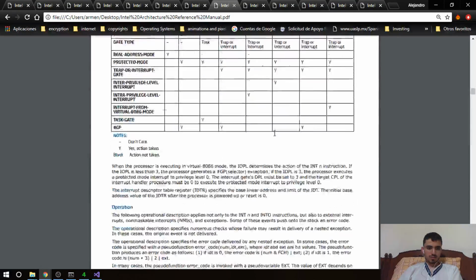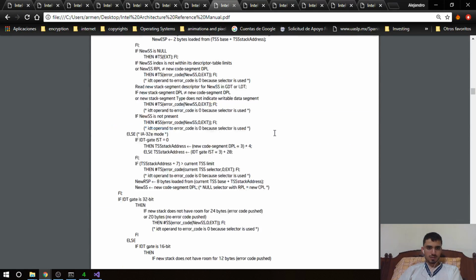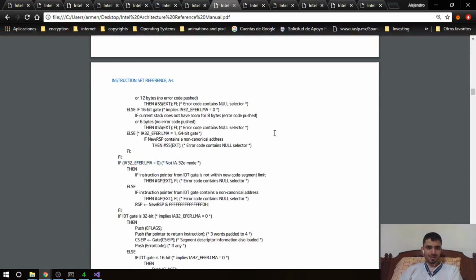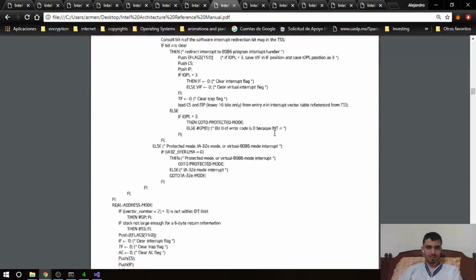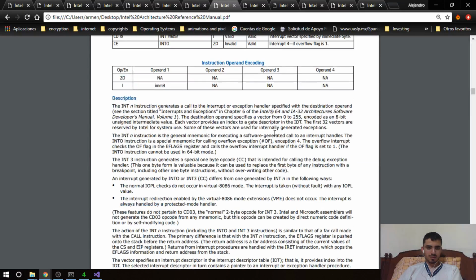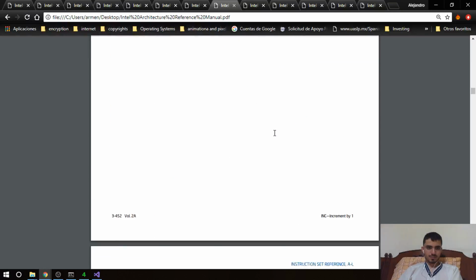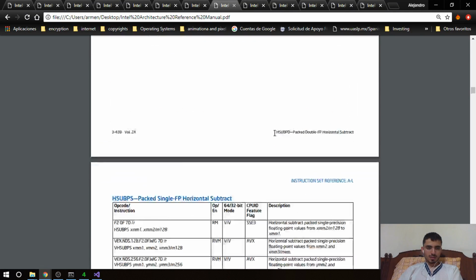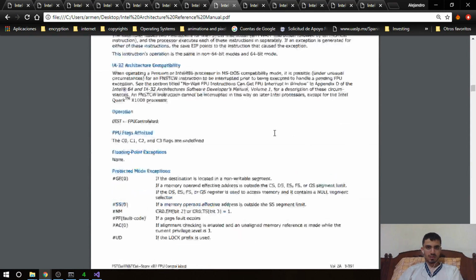This is the interrupt procedure, which is some stuff there. Look at that. We're gonna see that later. I have to. There are a lot.